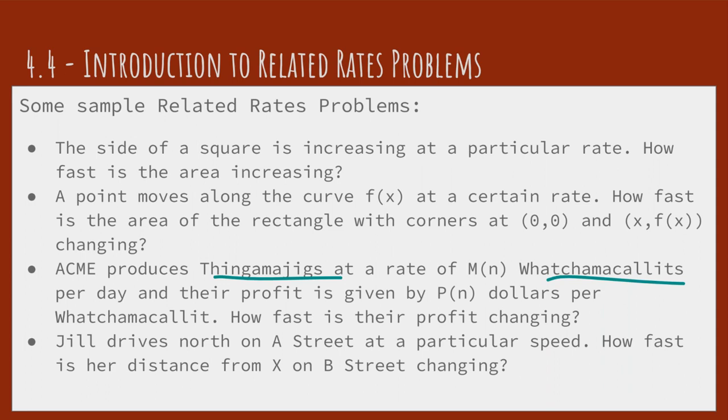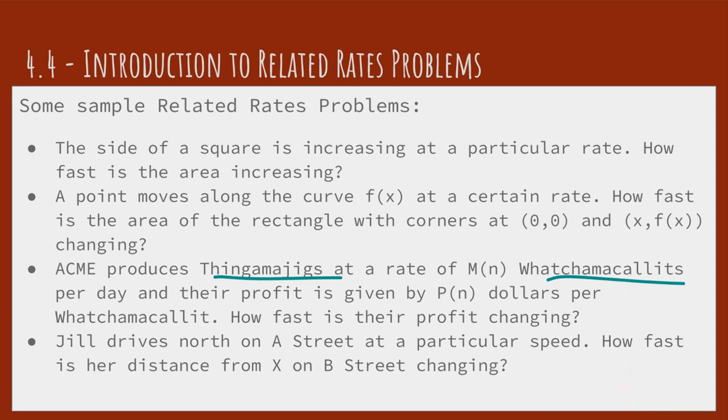We have another geometry one here where somebody's driving along a street. Somebody is offset from that street, so we want to know how fast the distance between two things is changing. So we might have Jill driving north on A Street. Usually A Streets run east-west. That was a mistake. But let's say Jill's driving north, and we want to know how fast the distance between Jill and some other point is changing.